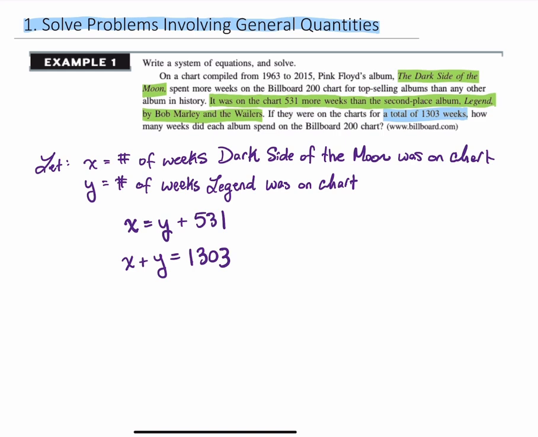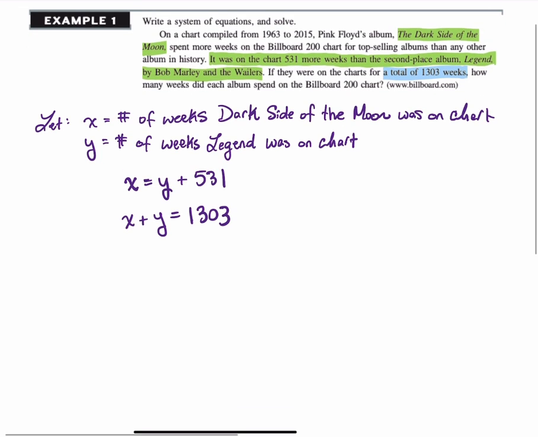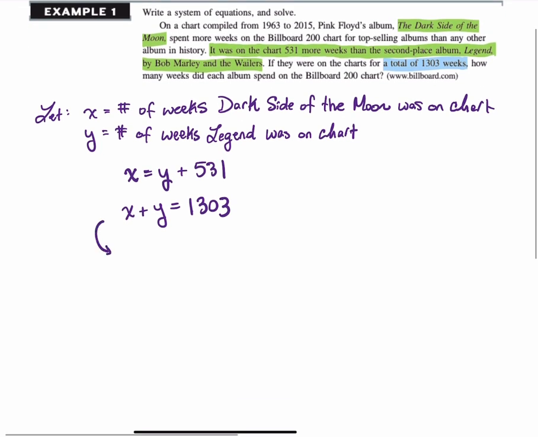We could also do elimination if we wanted to, but I'm going to go for substitution. So I'm going to replace x in the second equation with that expression y plus 531, then plus our second y should equal 1,303.